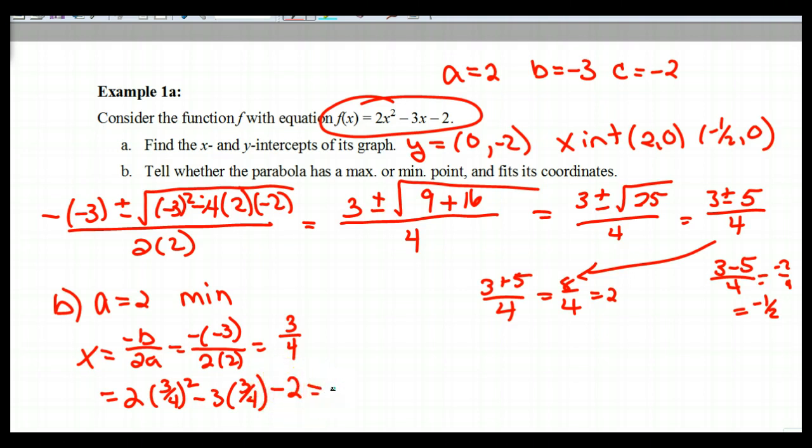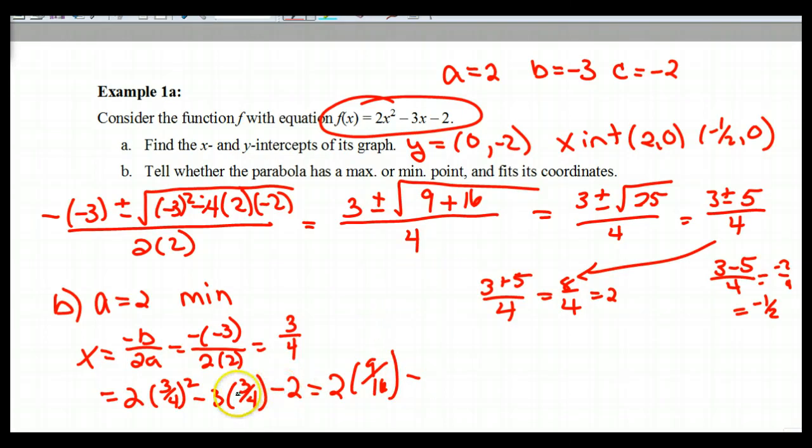Okay? So this will be 2 times 9/16 because that's squared. 3 times 3 is 9. 4 times 4 is 16. We're trying to find the y coordinate of the vertex.